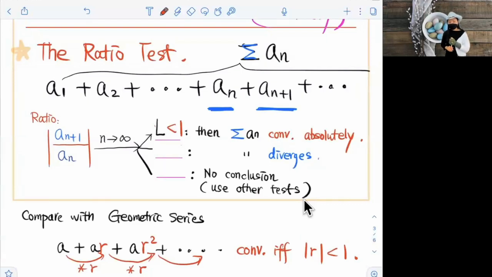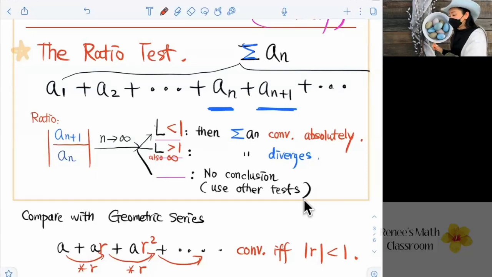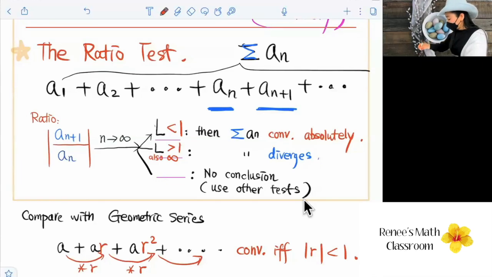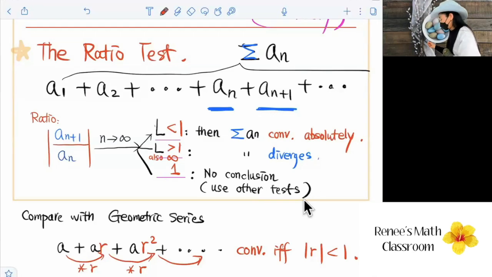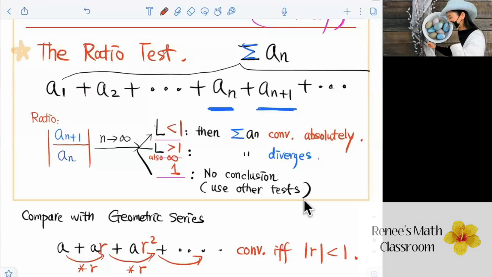If the limit is greater than 1, including if it goes to infinity, then the series diverges. And if it's equal to 1, then we have no conclusion and we have to use other tests. So this is the ratio test.